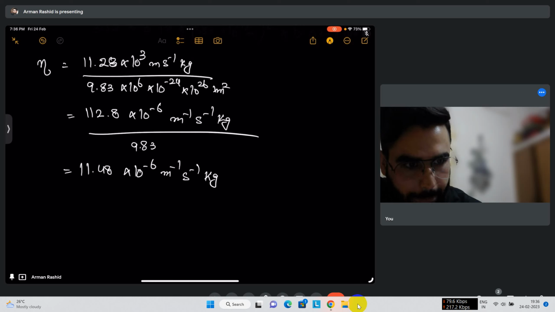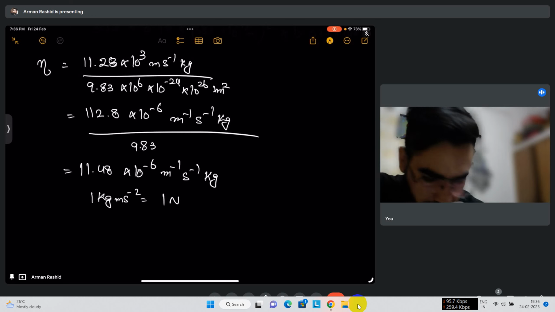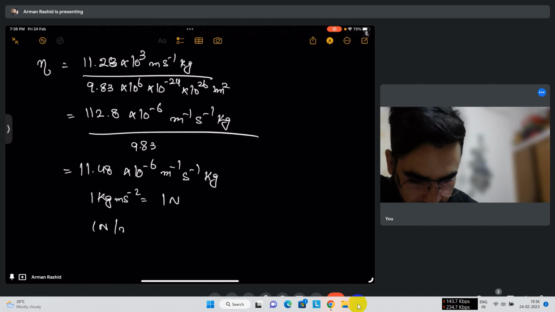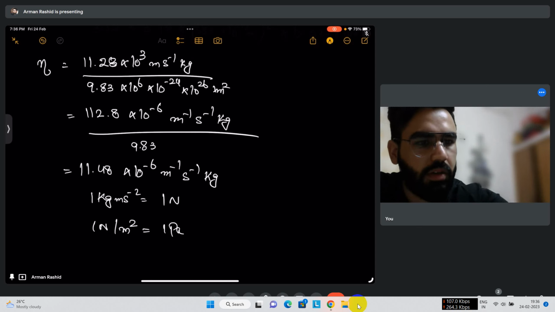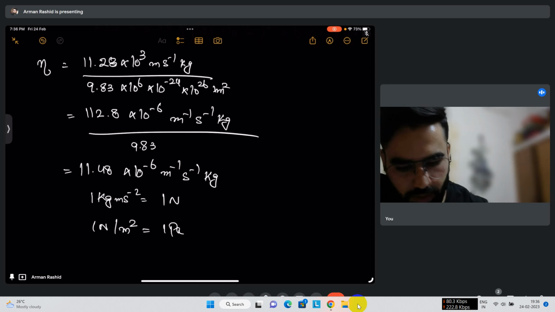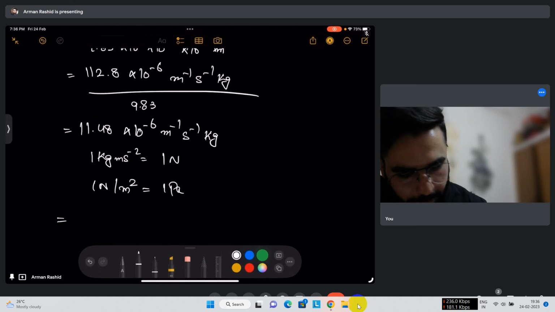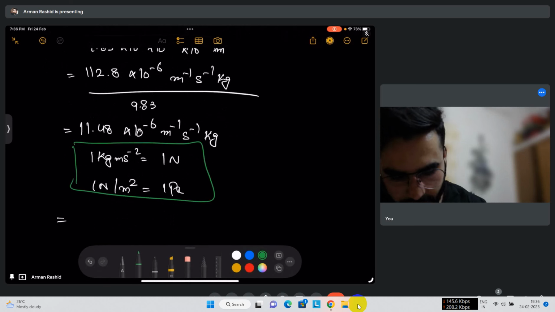But we know that 1 kg meter per second square is equivalent to 1 Newton, and 1 Newton per meter square is 1 Pascal.